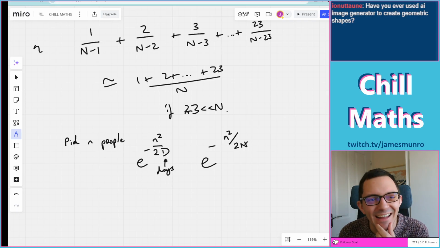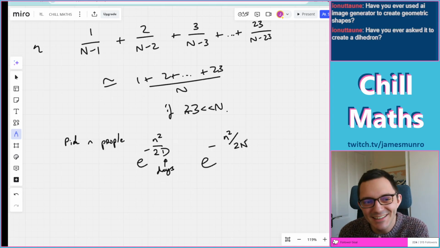I have used an AI image generator to try to create geometric shapes. I wanted to find out if the AI image generator could do very precise things where there's only really one right answer. Like if you ask it for a hexagon, has it worked out what those are? And no, I won't accept some sort of blobby mess.